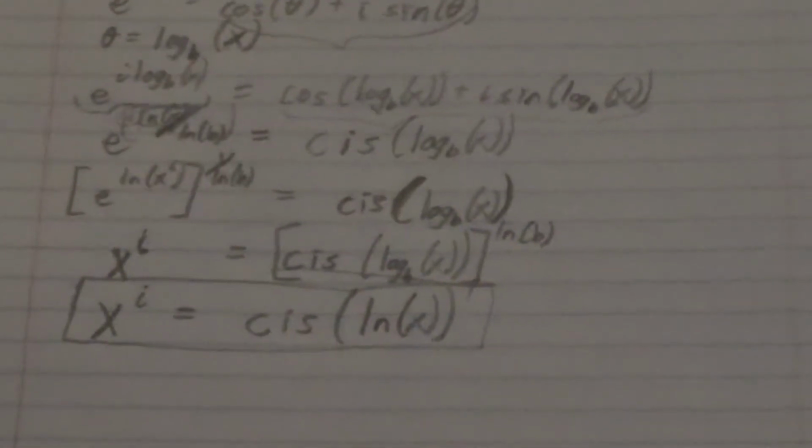But now we actually have a very interesting formula for raising a number to the power i. This is very interesting. And now let us presume that x is equal to a to the i, or set x equal to a to the i and just see what we get.